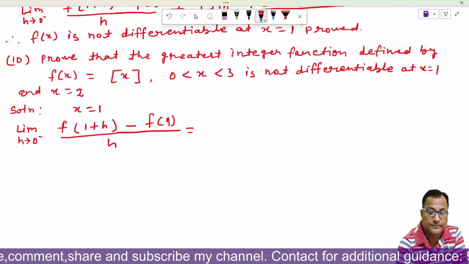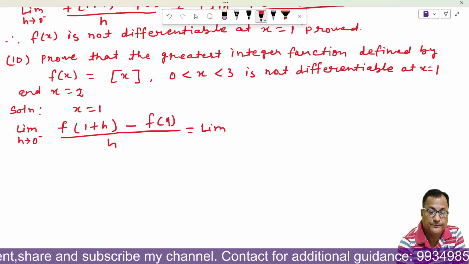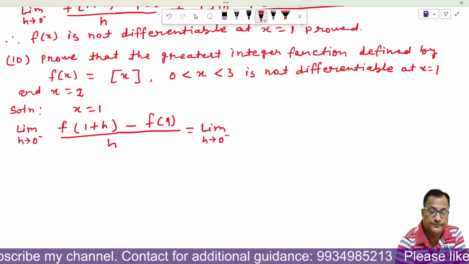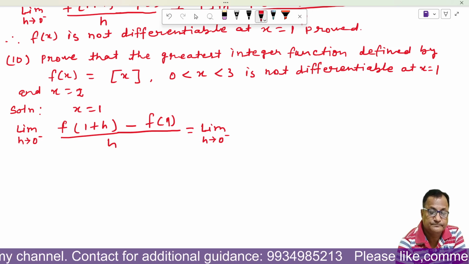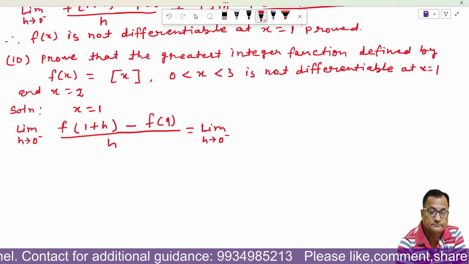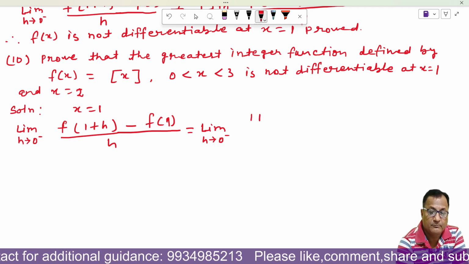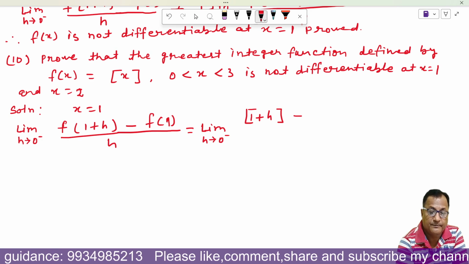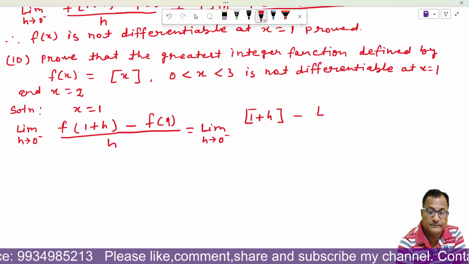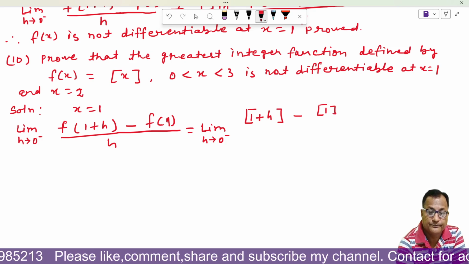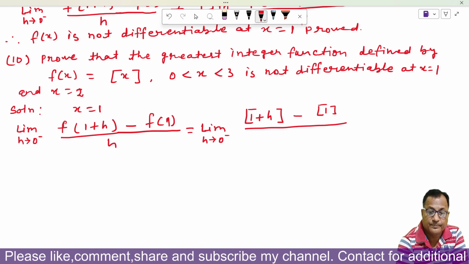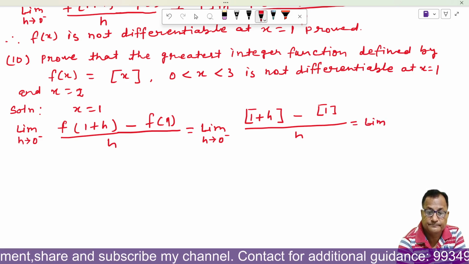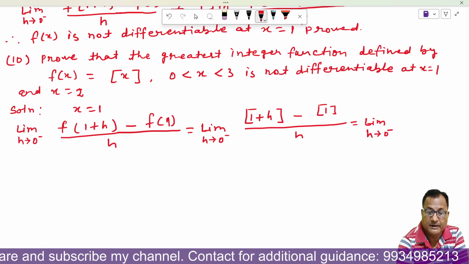Equal to limit h tends to 0 minus, [1 + h] minus [1], divided by h.